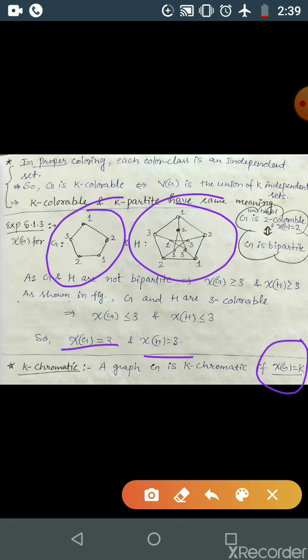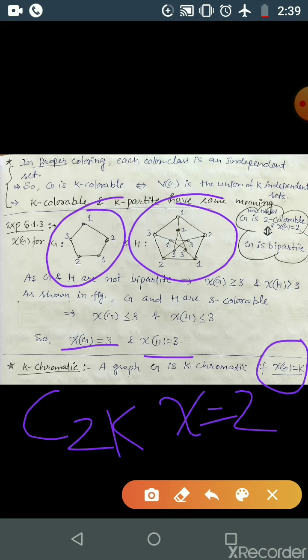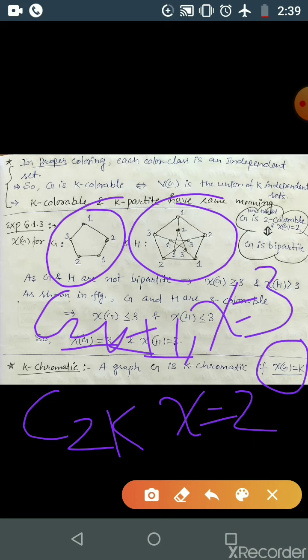In the case of every even cycle, the chromatic number will be 2, because the minimum k colorable is 2 colorable for every even cycle. That's why it is a 2 chromatic graph. So C2k will be a 2 chromatic graph, χ will be 2, and C2k+1 will need minimum 3 colors, correct?